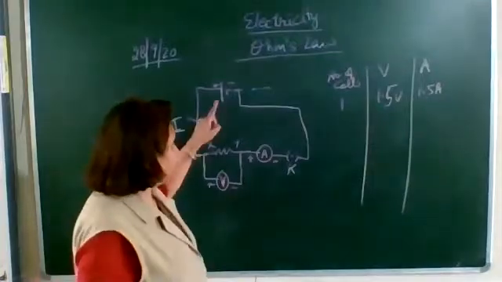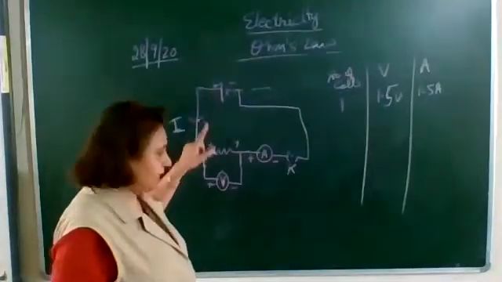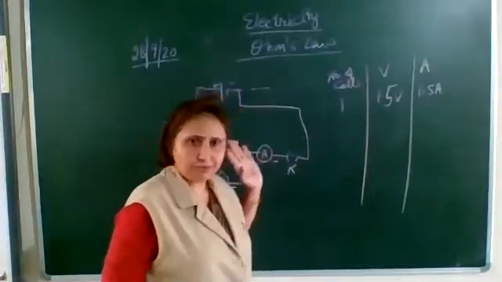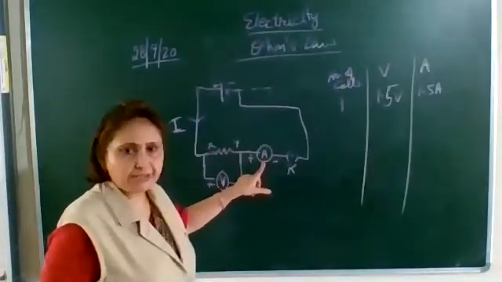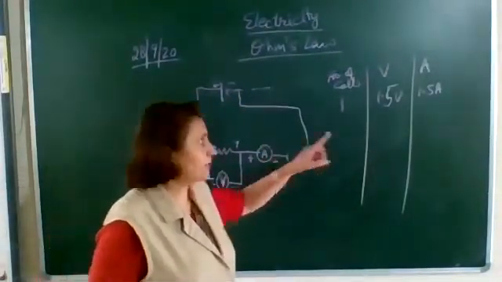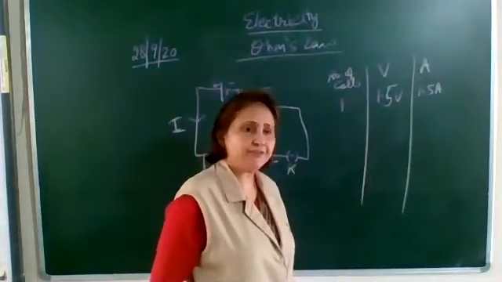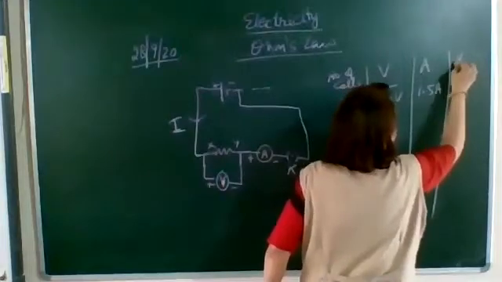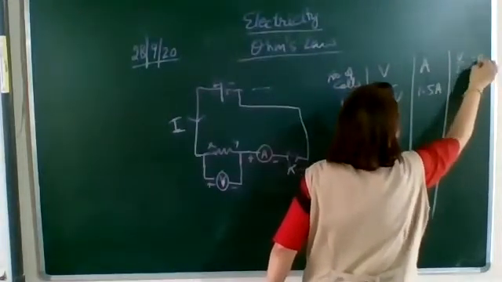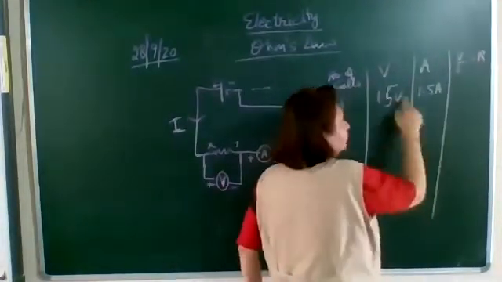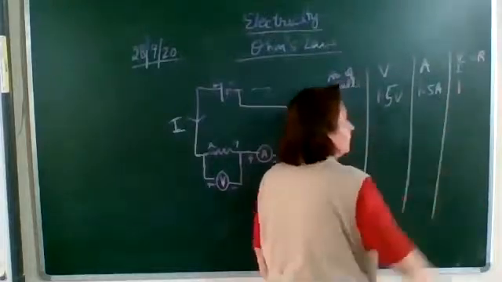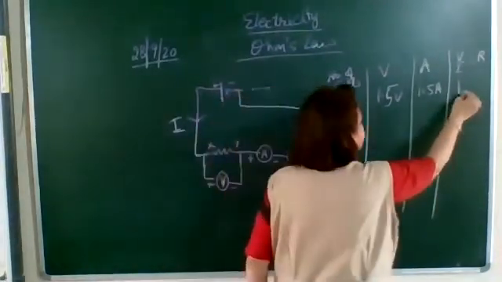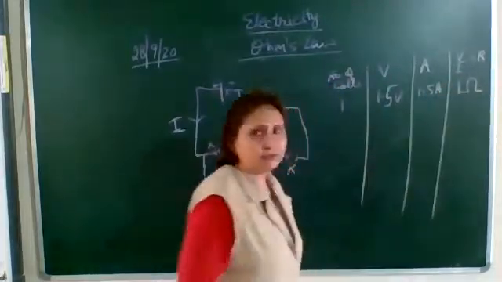In the next column we will find the ratio of V upon I, which we call resistance. So V upon I, 1.5 upon 1.5, gives the value 1, and the unit of resistance is ohm.